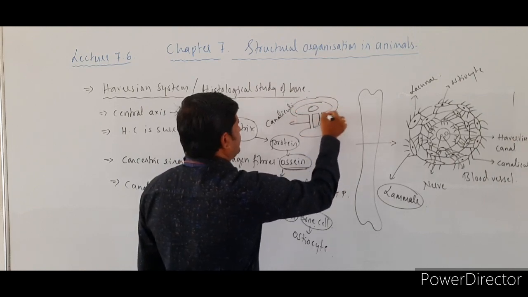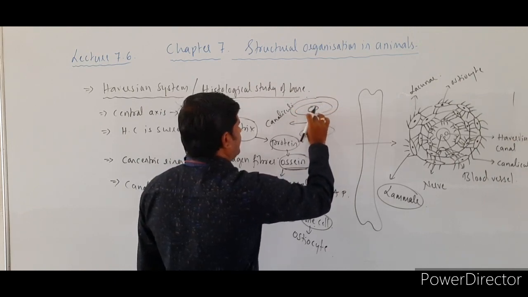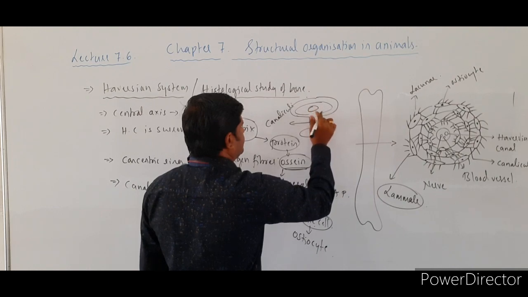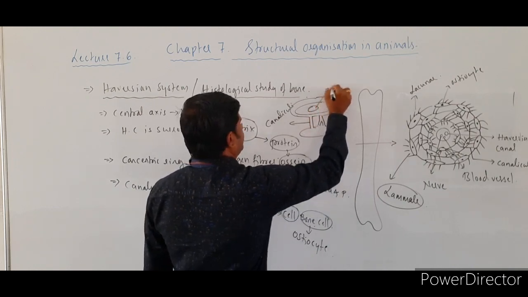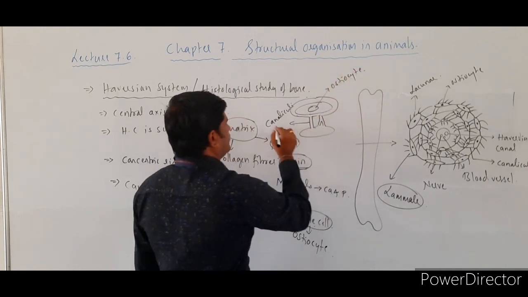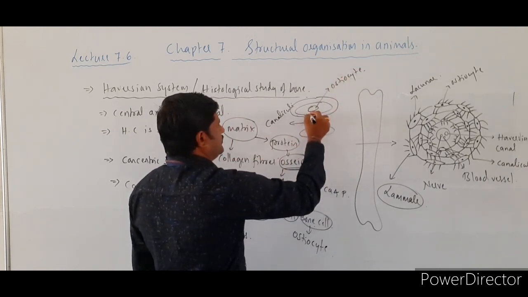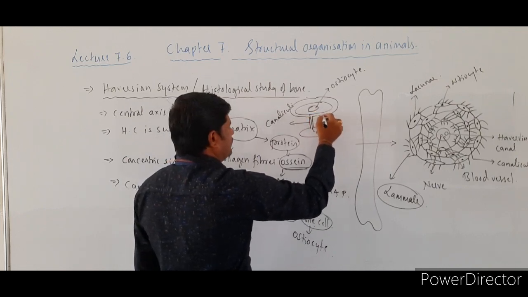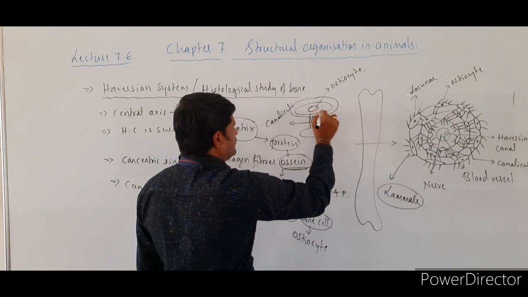So here inside that one, there you come across what? This is the space. This is the space what you come across. Okay. This is osteocyte. This is osteocyte. Okay. So this is called canaliculi. Through this canaliculi, the strands are formed over here, and through these strands only what is interconnected over here?